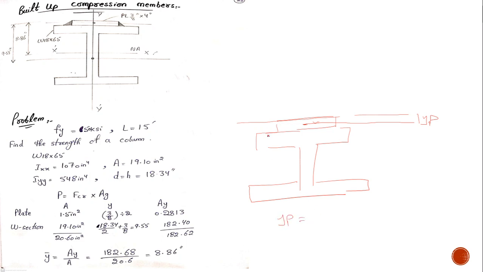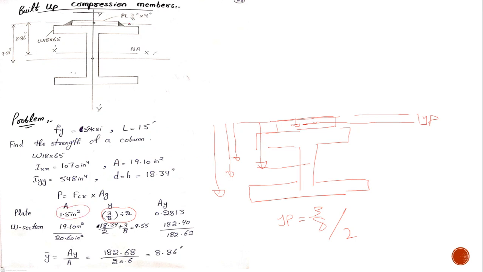YP would be simply equal to, because you have selected the top fiber, you have to find all distances from the top fiber. The centroid of this W section was found from the top fiber. In this case, I have to find the centroid of this plate from the top fiber. That would be equal to 3 by 8 divided by 2. Simply. Area of plate is 1.5. How?